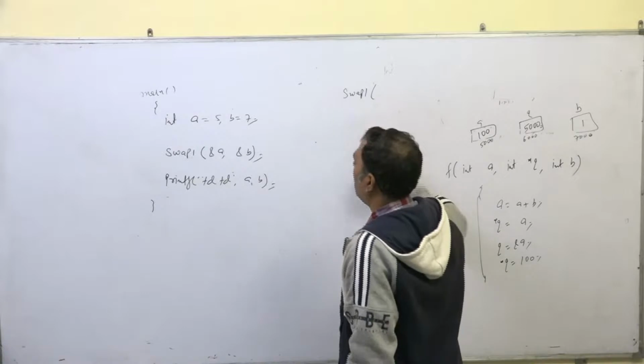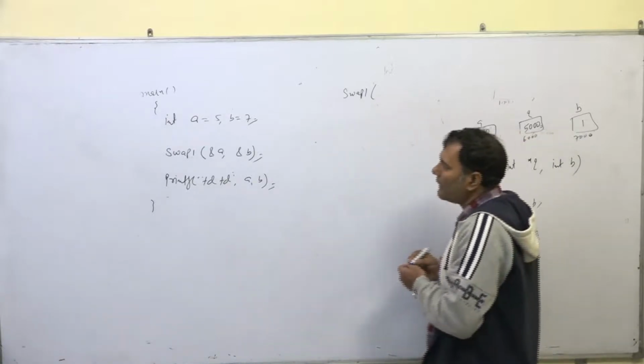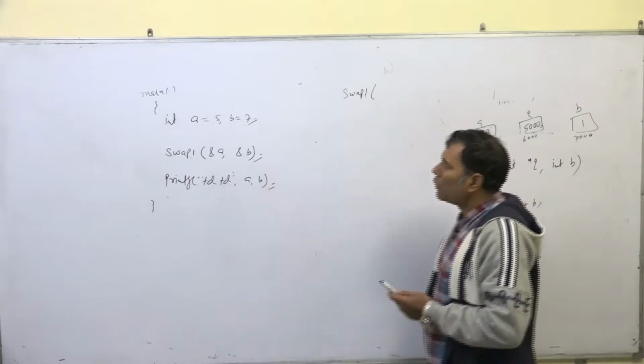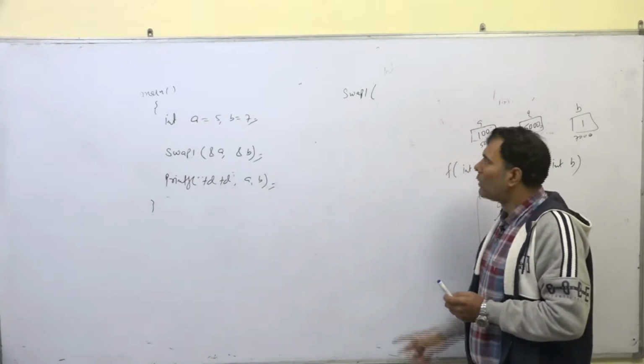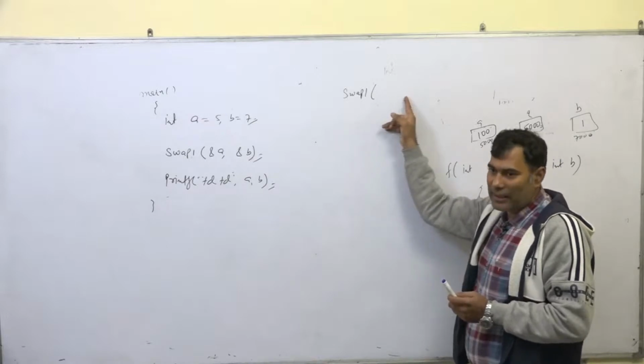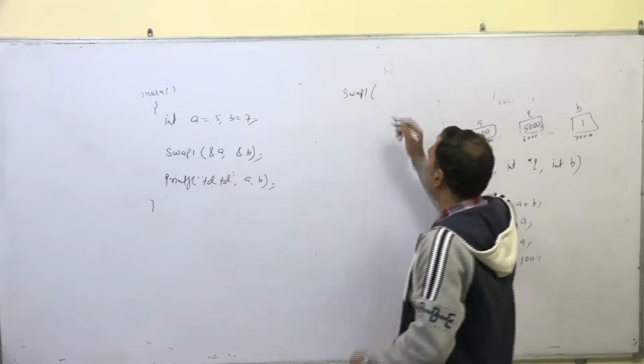Swap 1. So here when we are going to send address of A, who can hold address? Pointer. So we need to create pointer variable here. नहीं बनाएंगे तो क्या होगा? एरर देगा. Clear?